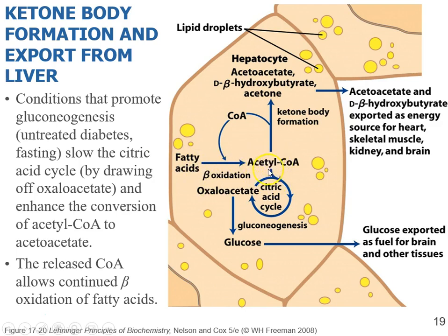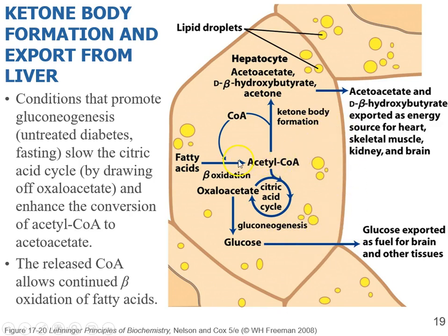But in order for the acetyl-CoA to enter the citric acid cycle, you need OAA. But if you're fasted, OAA is not doing that. It is being diverted to gluconeogenesis. And remember, the liver allows glucose to leave. So glucose is exported as a fuel for brain and other tissues.